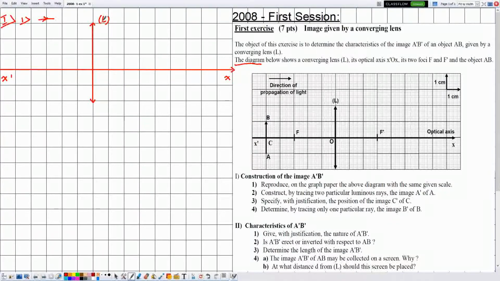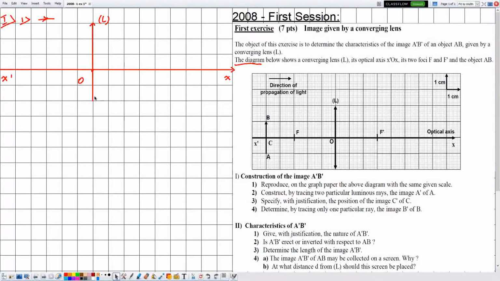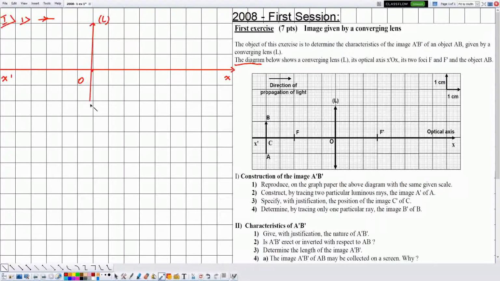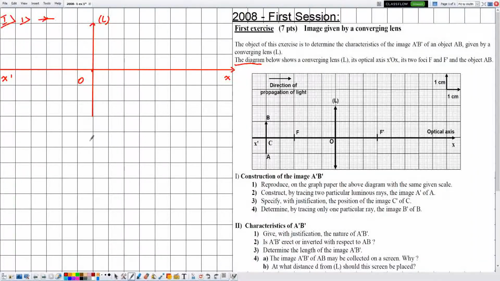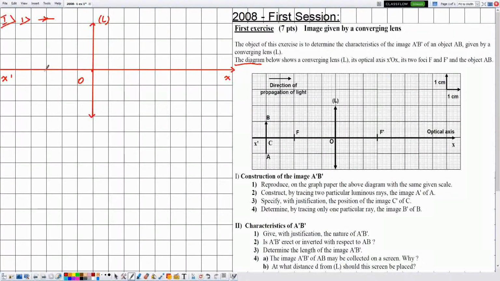And as we know, the intersection between the optical axis and the lens L is the optical center O. Now the point F is located 3 divisions in front of L, and F prime is the symmetric of F with respect to O.